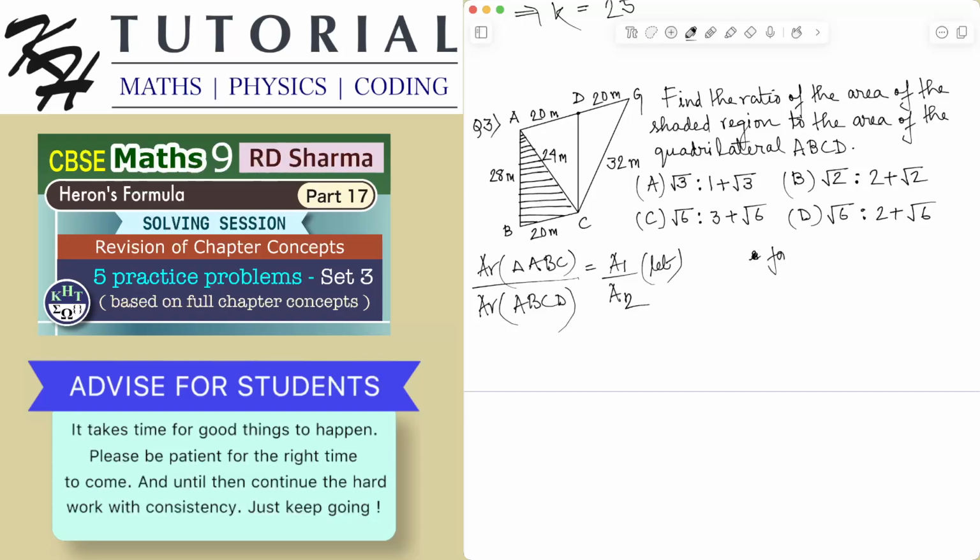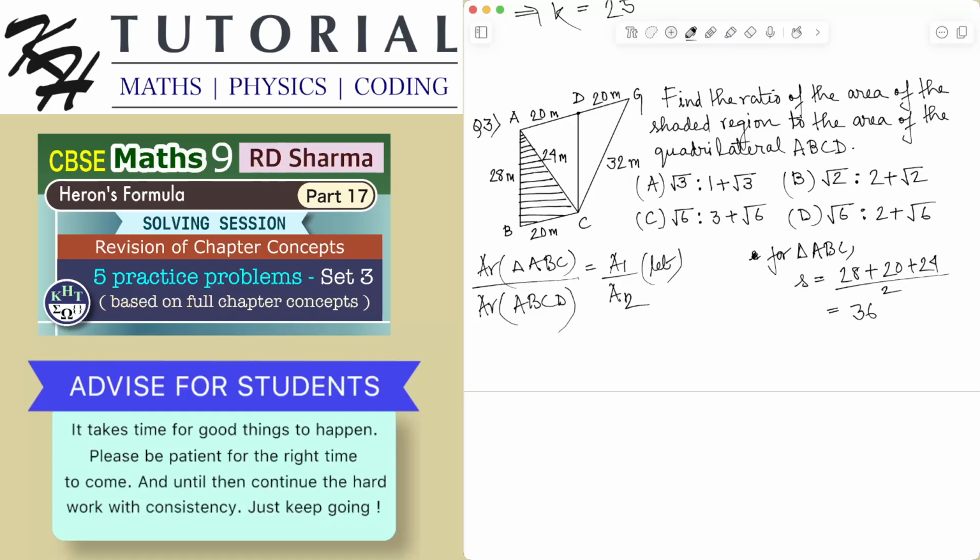So for triangle ABC, the semi-perimeter will be equal to the sum of the lengths of the sides, 28 plus 20 plus 24 divided by 2. This is equal to 72 by 2, which is 36.